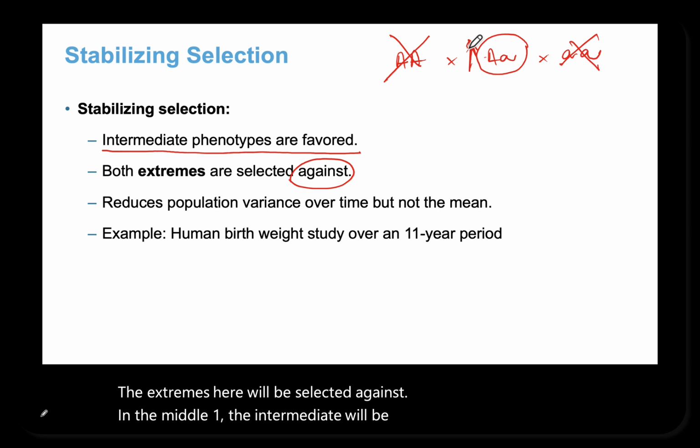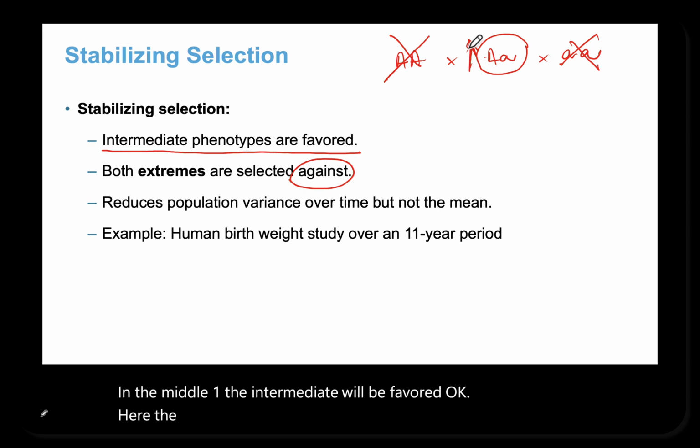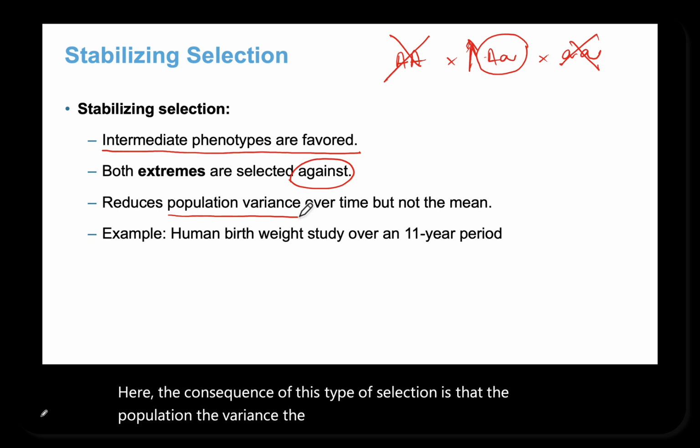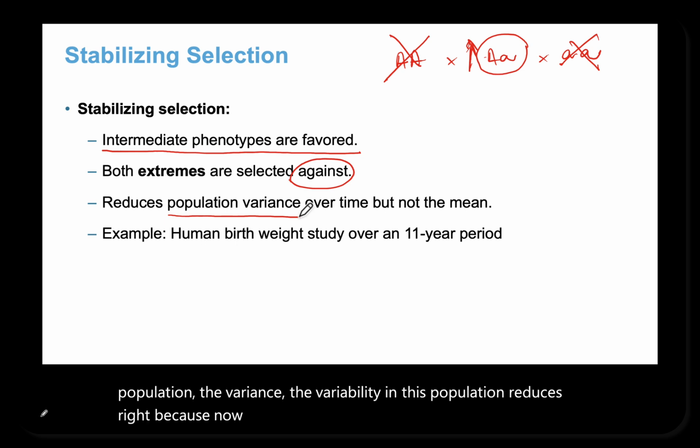Okay? The consequence of this type of selection is that the variability in this population reduces, right? Because now that intermediate phenotype is being favored. So the variability usually decreases.